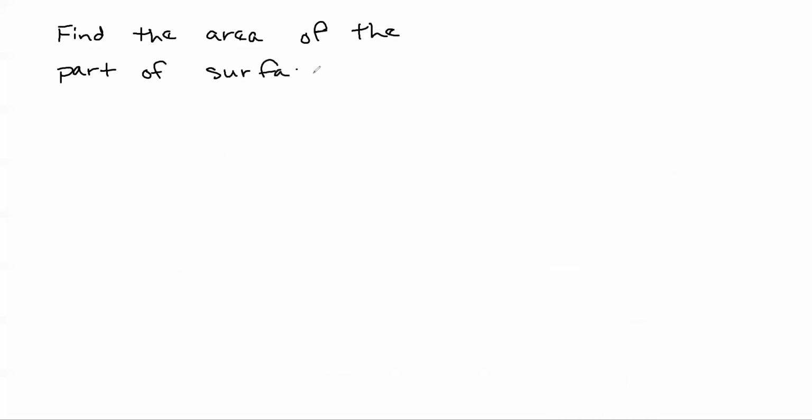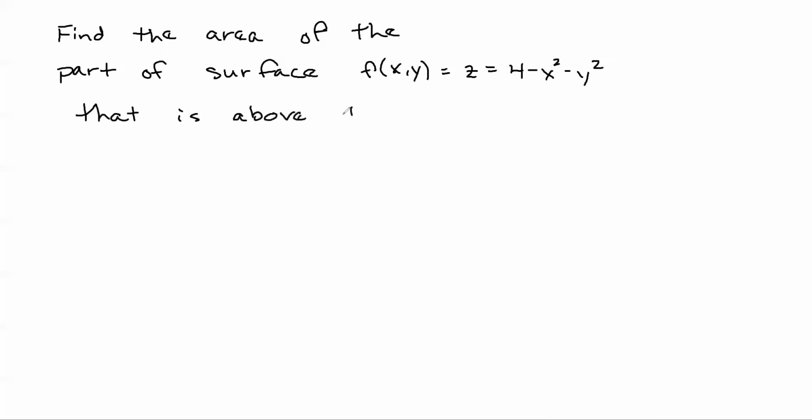So we've got: find the area of the part of the surface z equals 4 minus x squared minus y squared that is above the plane z equals 2.